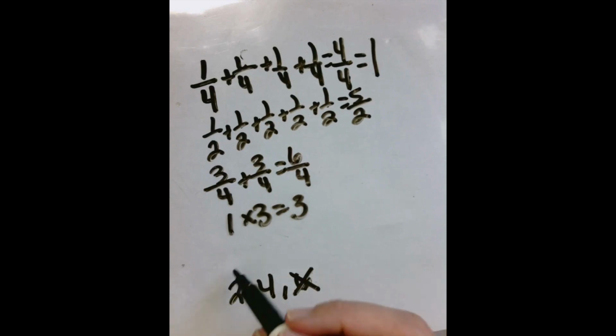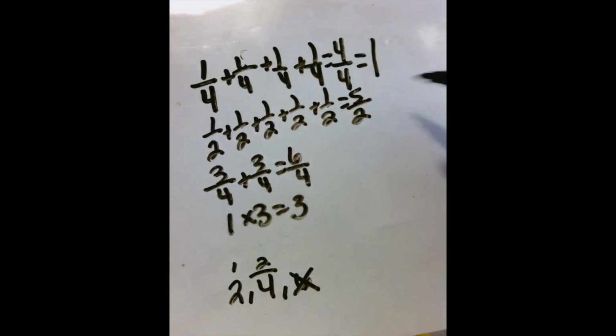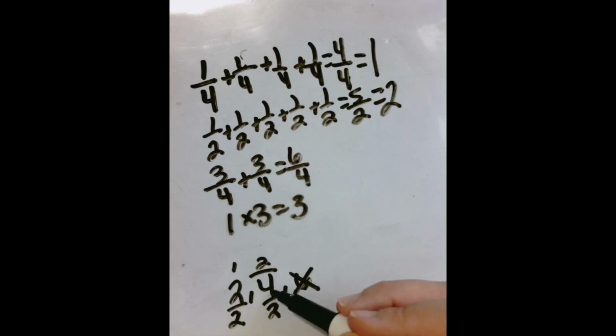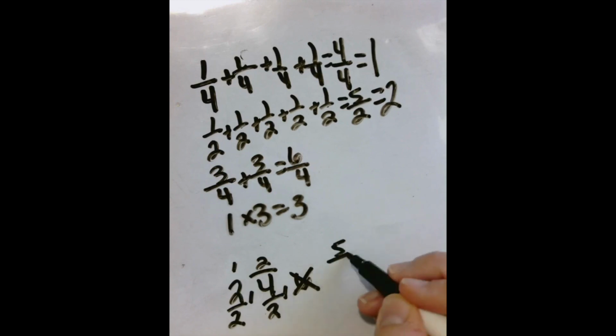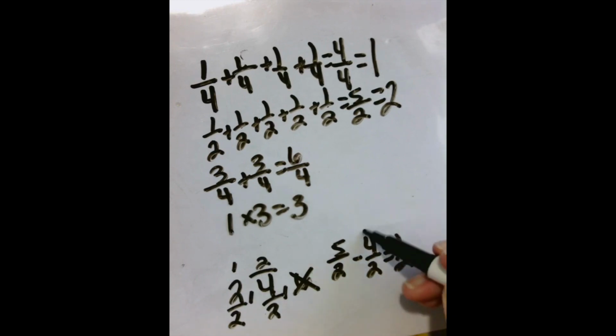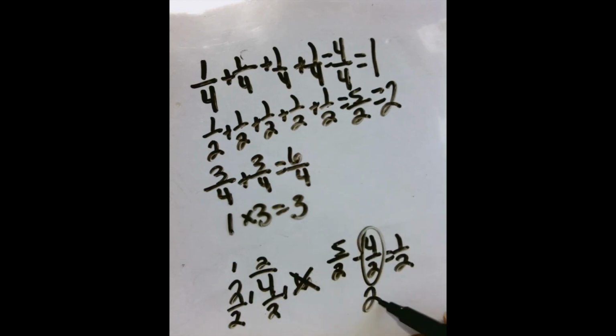So I know that there are 2 wholes, because 1 whole is 2/2. 2 wholes is 4 halves. And then I take my 5 halves and I subtract 4 halves from it, and I'm left with 1/2. So I have 2 and 1/2.